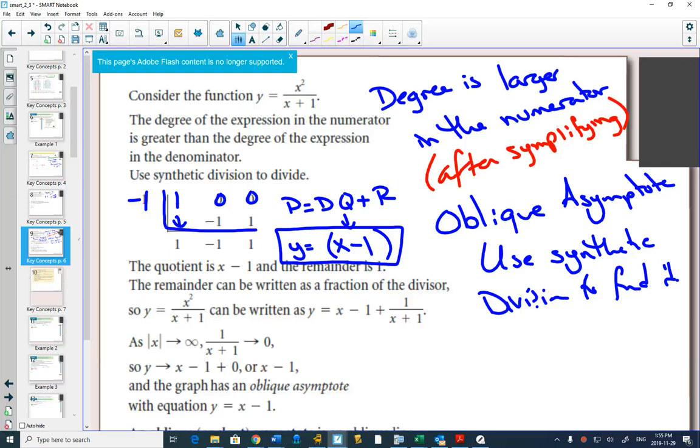It doesn't matter how big or how small the remainder is. Whatever your quotient is will be the equation of your oblique asymptote.